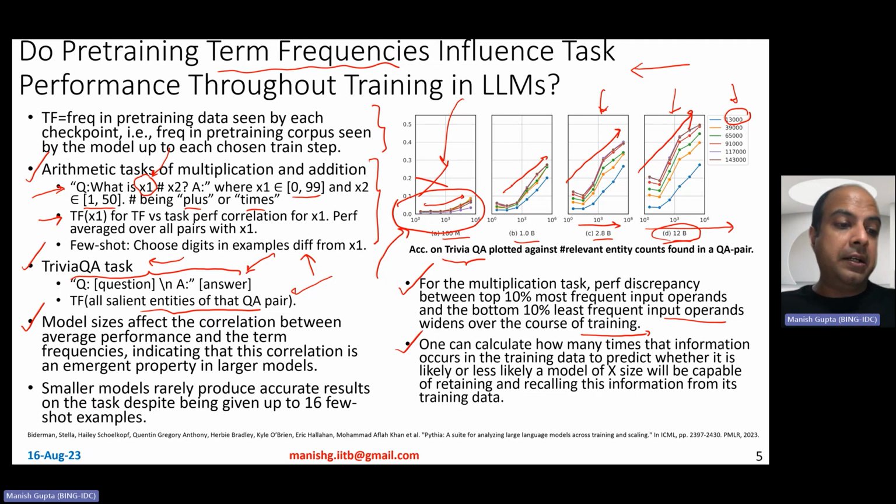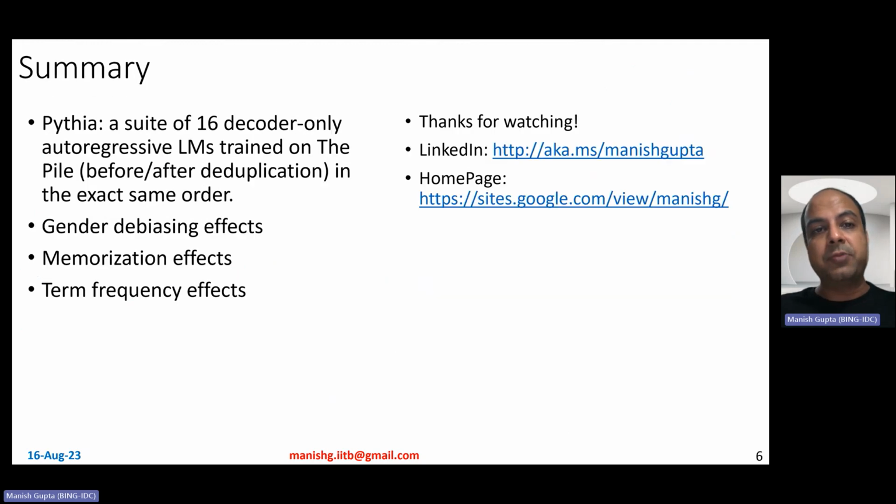If it has seen some particular data, then it will be able to answer more correctly about it. It was obvious, but it was never measured accurately, and the Pythia suite enables this kind of measurement to be done.